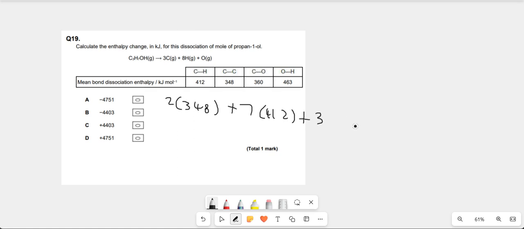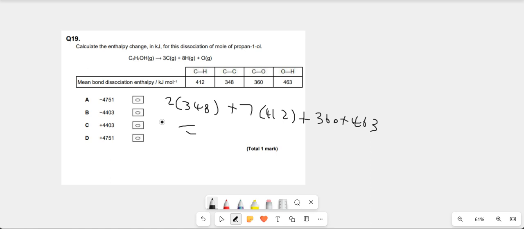And then plus one OH bond, which is 463, yeah? And that's it. If you add that in total, yeah, that would actually give you the enthalpy, which is 4403, so C, yeah? Column.